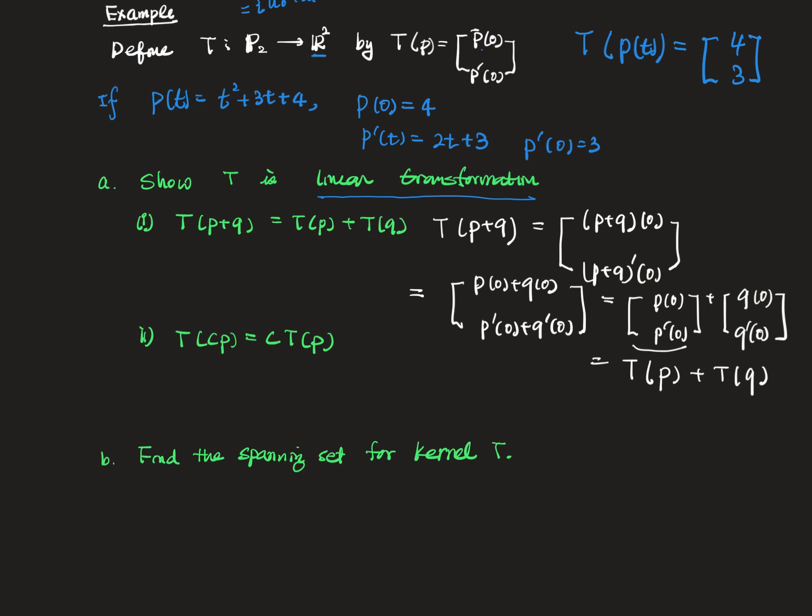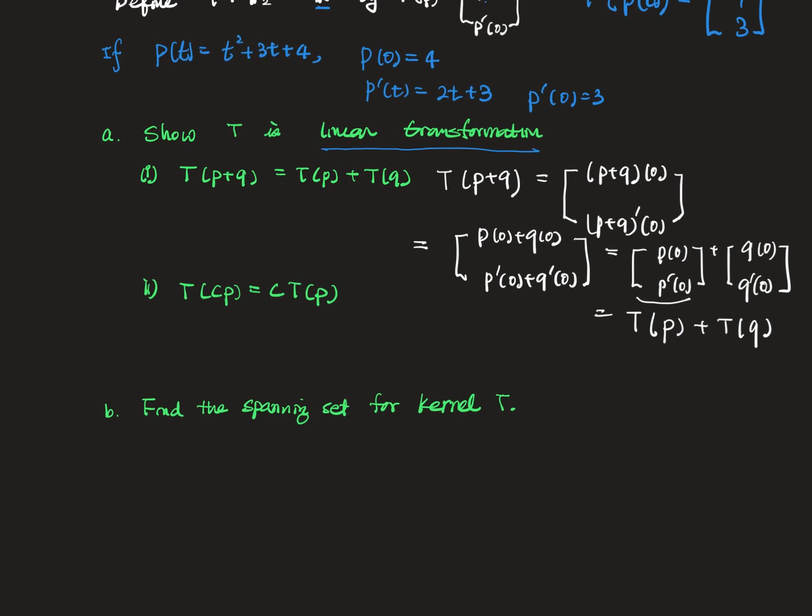You can use any sample function, then plug in in exactly the same way, guys. How about scalar multiplication? Let's go to this one. T of cP means c P of 0 and c P prime of 0. So this means c times P of 0; c is a constant, so it isn't affected by the derivative.